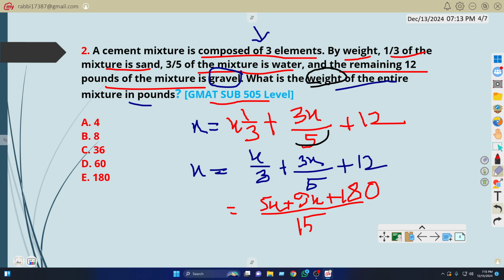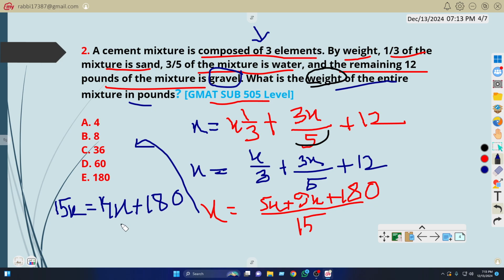Oh no, we should do it in the second line. The next step is we multiply x by 15, which is 15x, and 9x plus 5x, which is 14x, is equal to 180.